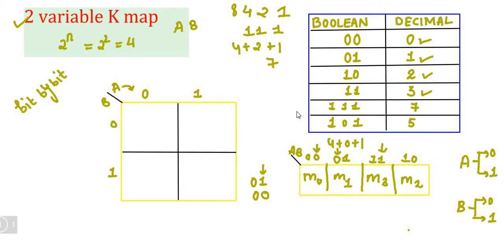Same here: this is going to become 00, which is also the M0 combination. Then I write 01, which will be M1. Then 10, which will be M2. And then 11, which is going to be M3.